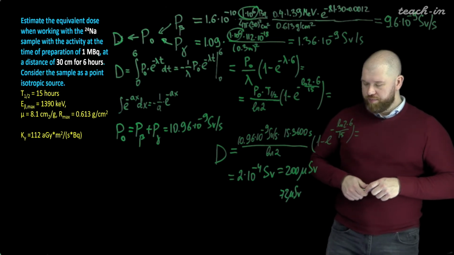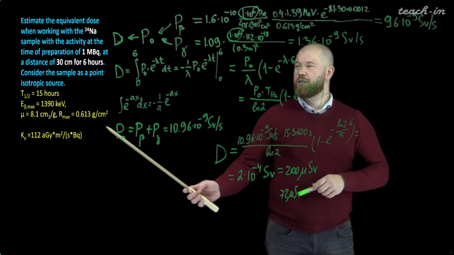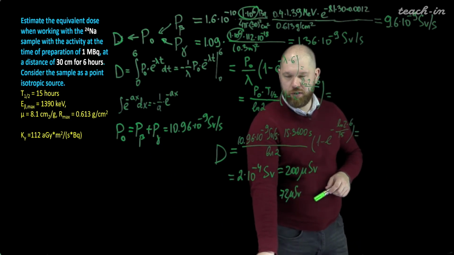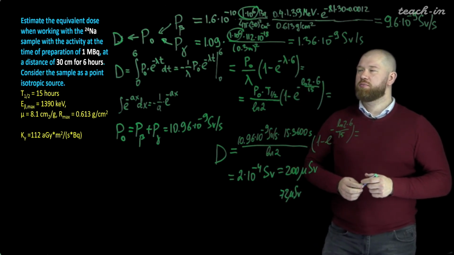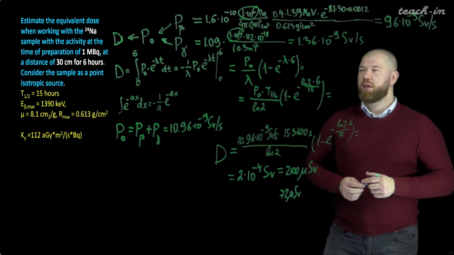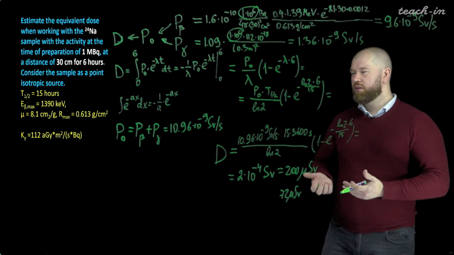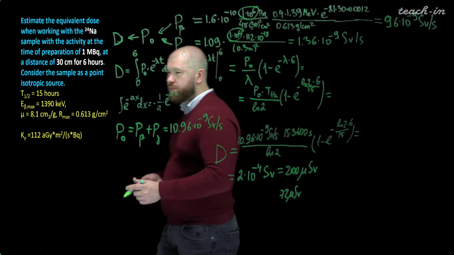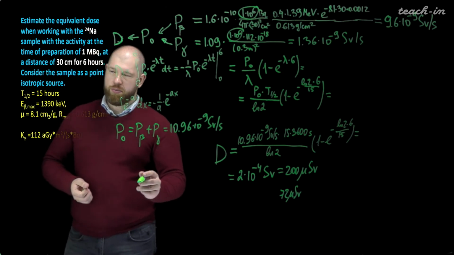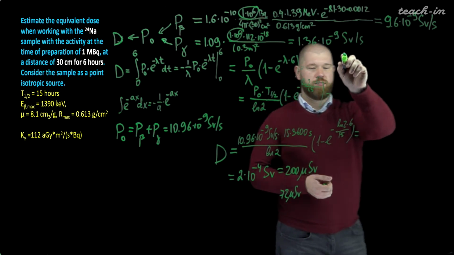We know that the maximum range for these beta particles is equal to 0.613 grams per square centimeter. Thus, if we recalculate it to the linear thickness, we have to take simply this equation. I will write it here.